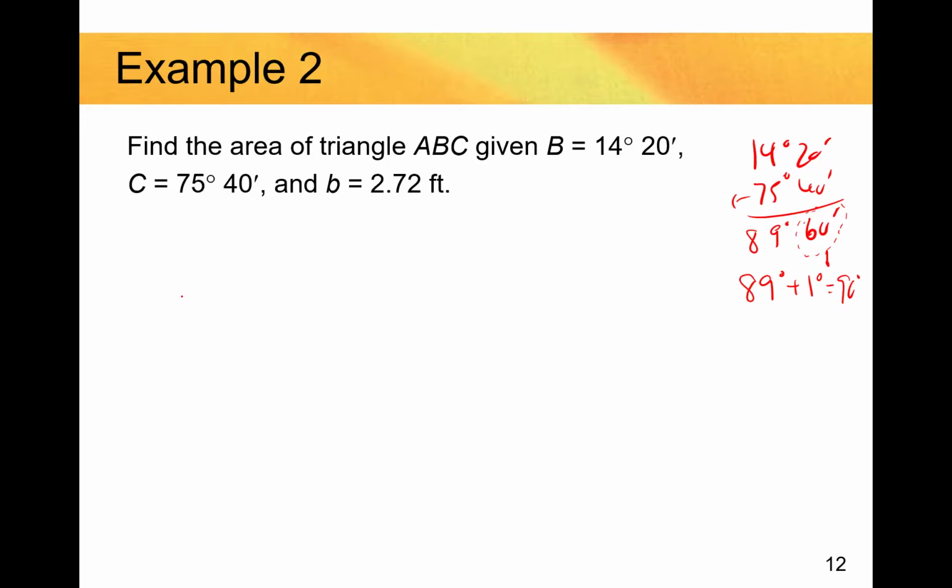But let's go with it here. I'm going to just draw it out. Oh, no, we can just use the formula, right? So S is equal to 1/2 times 2.72 squared. Don't forget the square here. And it is sine of... let's see, we know little b, is that right?